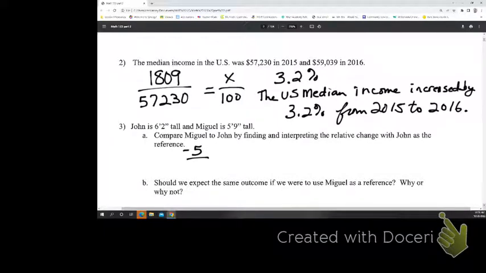And if I am comparing with John as the reference, I use John's height on the bottom. And I would need the 74 there. So for this, I would need to change it all to inches because I can't really make a meaningful comparison using 6'2".